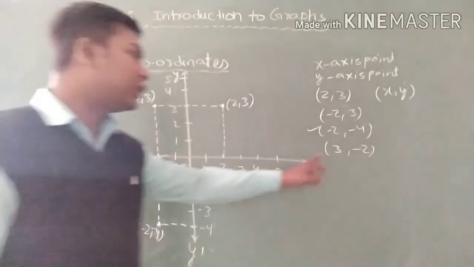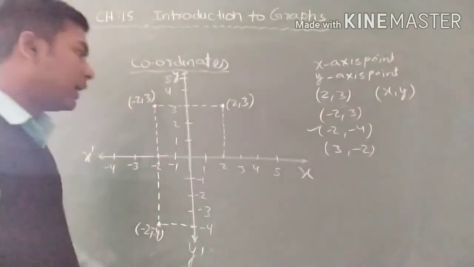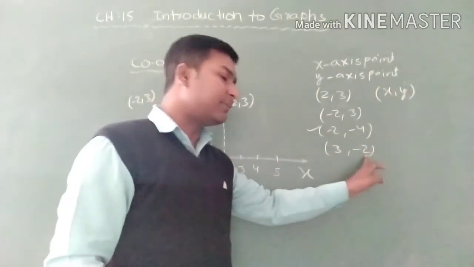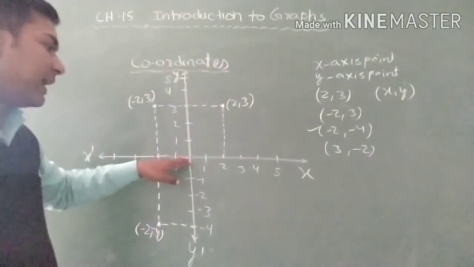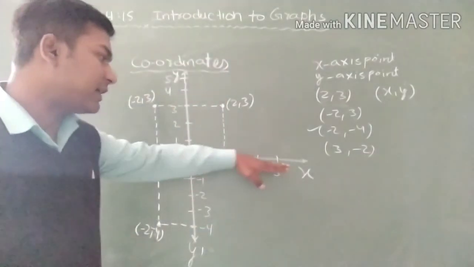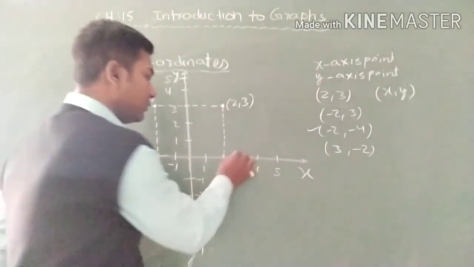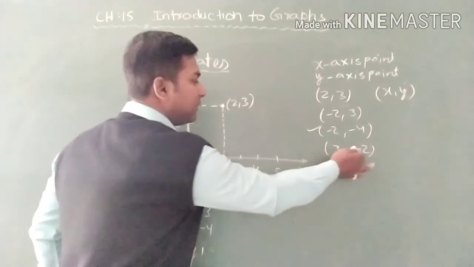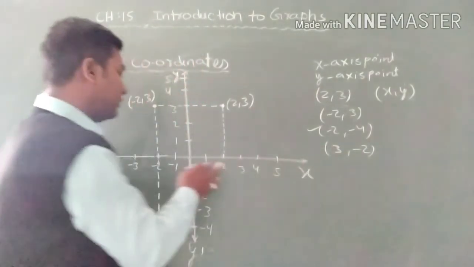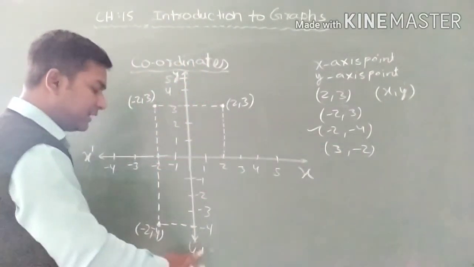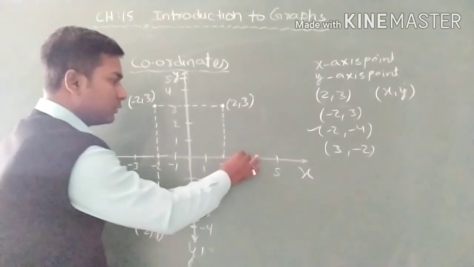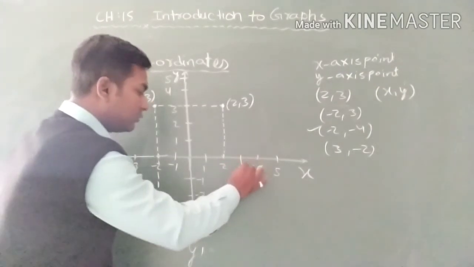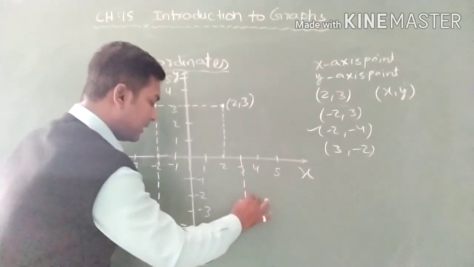Now the next one, (3, -2). So on the x-axis 3 and on the y-axis -2. So on the x-axis 3, this is positive x. So this will be +3 and this is -2. So it goes downward along y dash, which is -2. So (3, -2).